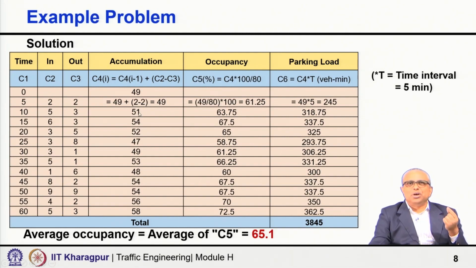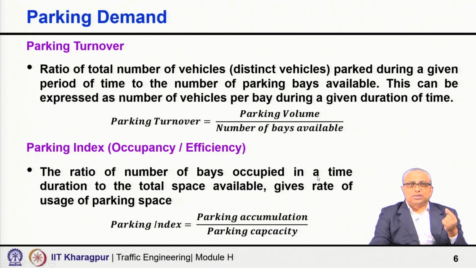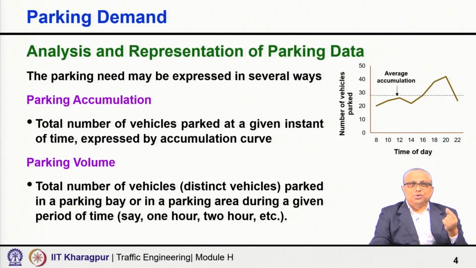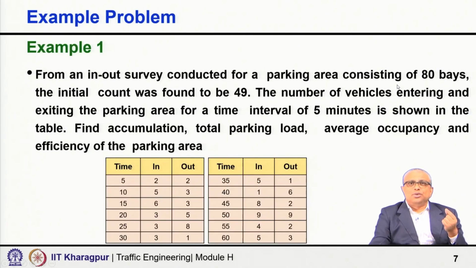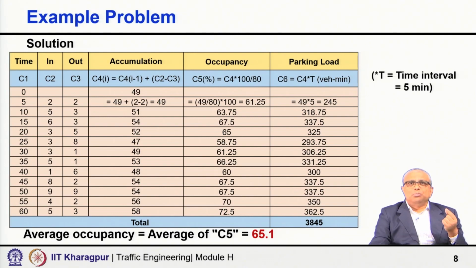At 10 minutes, 51 divided by 80 into 100, like that you can calculate. Then the parking load, we are saying, is the area under the parking accumulation curve over a given period of time. So, what is the parking load? Parking load here is 49 vehicles, let us assume, into 5 minutes duration.